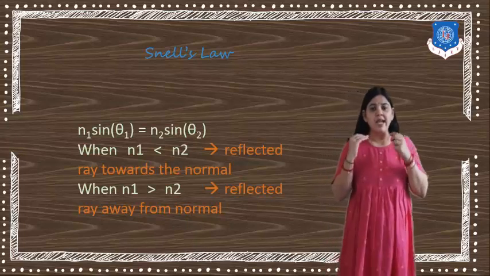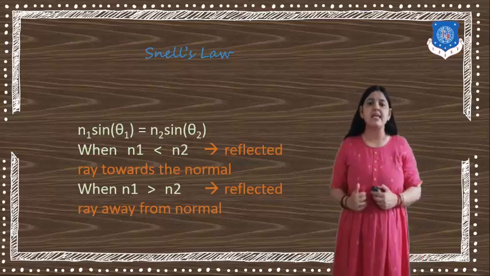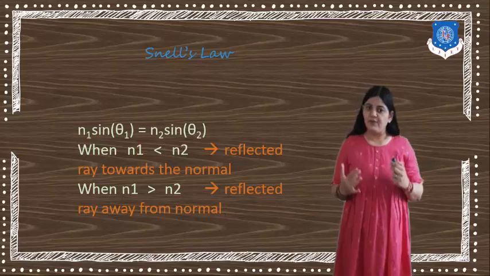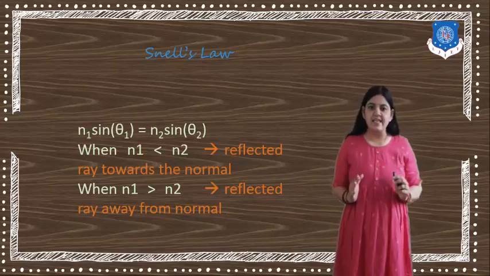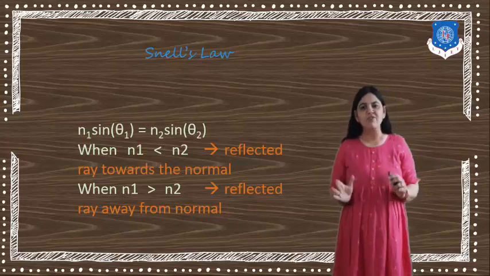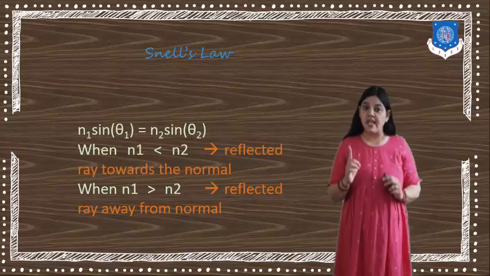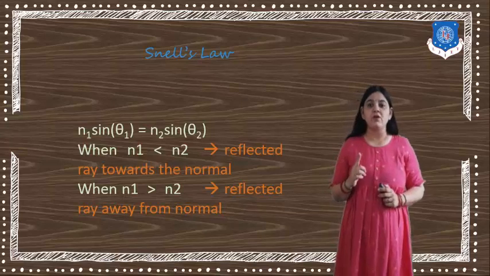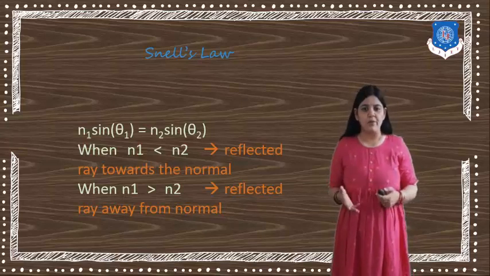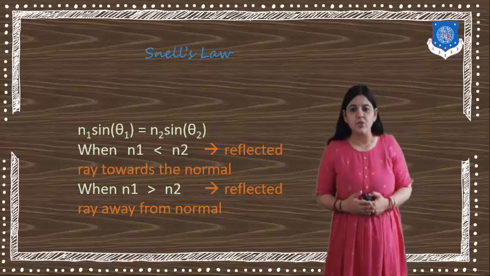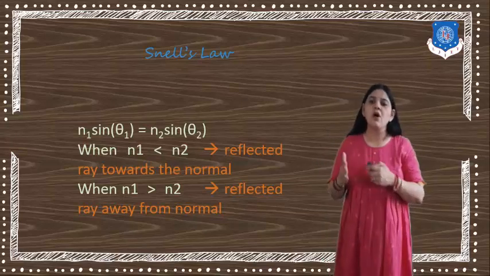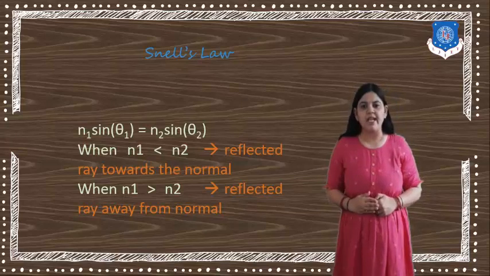Now when N1 is less than N2, that is, the refractive index of one medium is less than that of the other medium, the ray will bend towards the normal. And when N1 is greater than N2, the ray will go away from the normal axis.